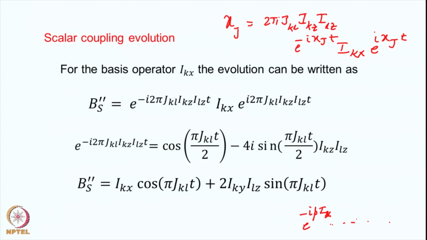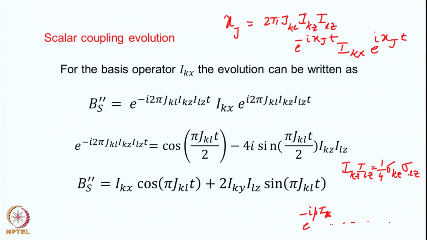In the same manner we write this here, except we make note of the fact that Ikz Ilz can be written, in terms of the Pauli spin matrices, as 1 by 4 sigma kz sigma lz. This will help us in deriving this equation.